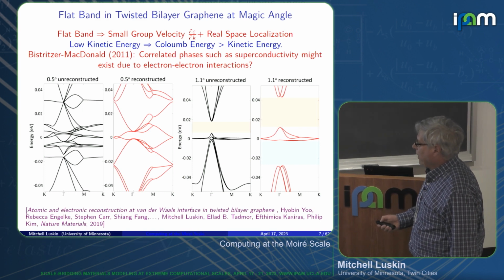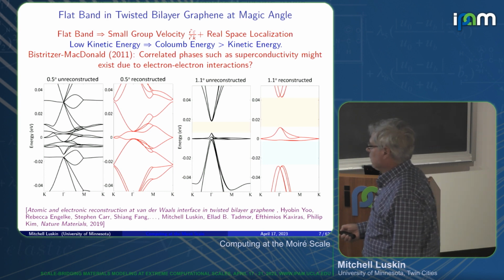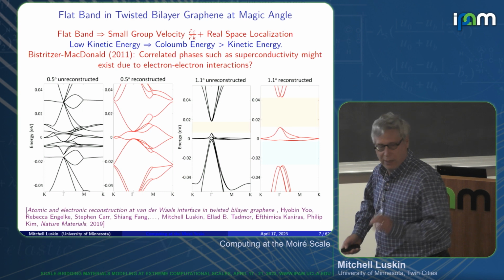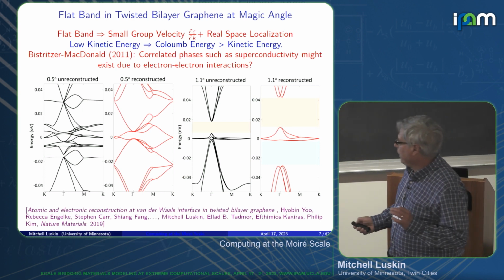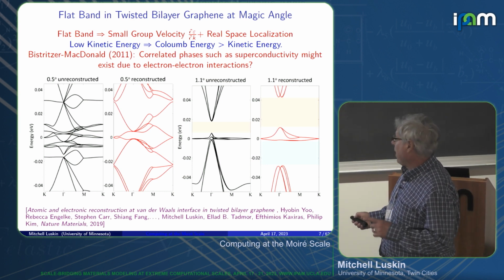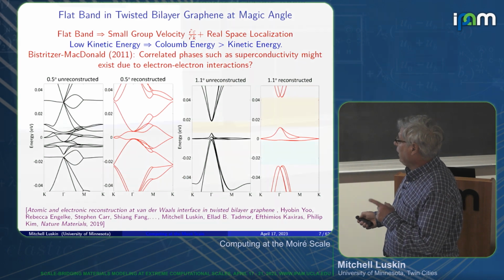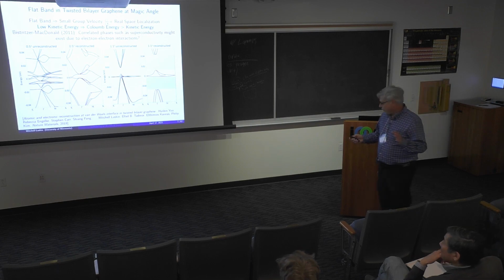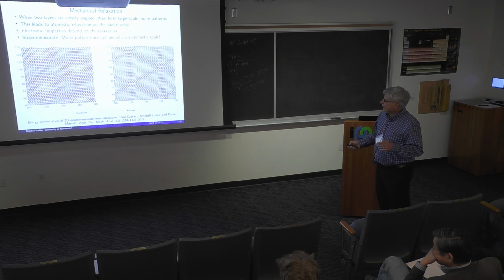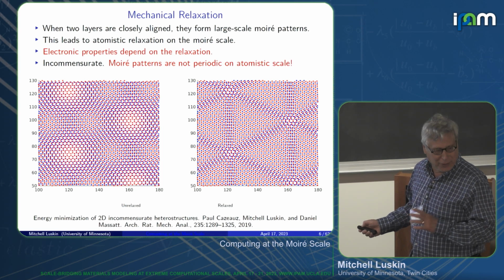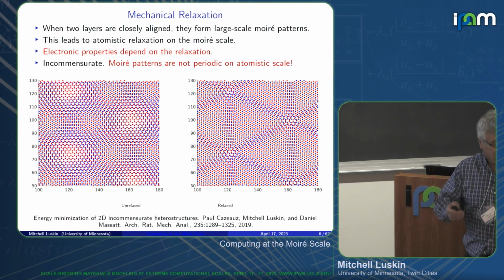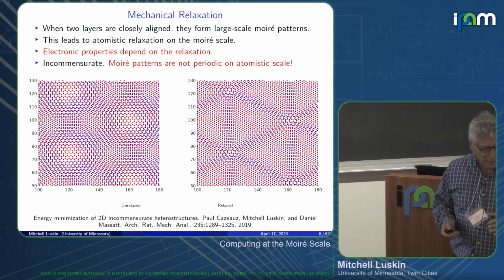We now call it the magic angle, and what we see is the bands become rather flat. By the way, this is redone with the relaxation, and it's actually a much nicer view. Even though it's not a lattice anymore, it looks like you really have strong unit cells there, right?